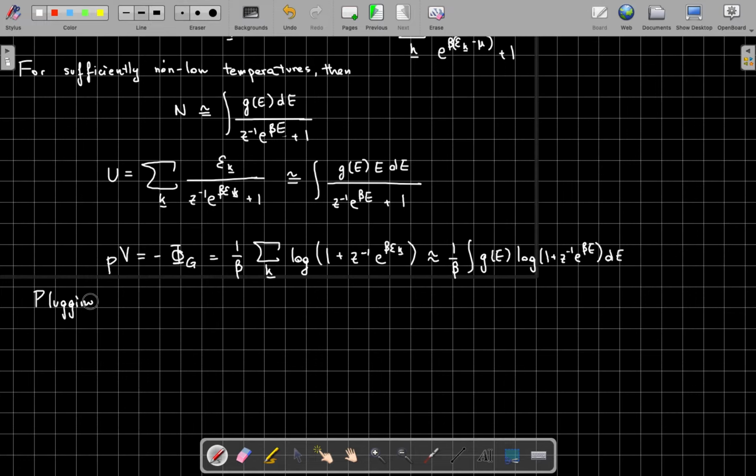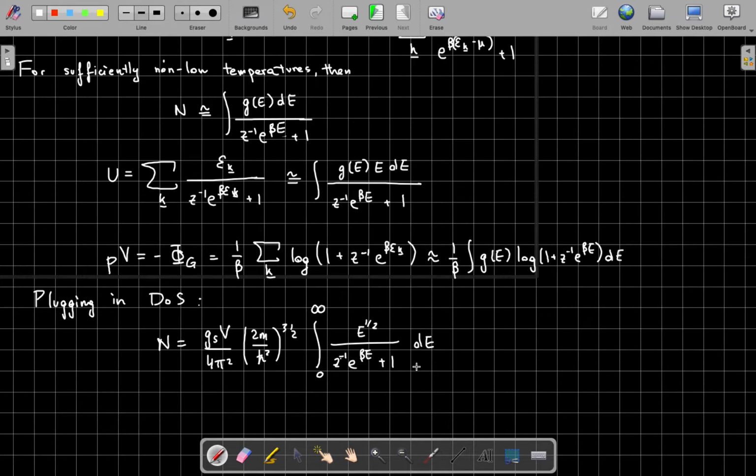So plugging in the density of states with the degeneracy factor, which we must take into account, N is equal to approximately, but really who cares, equal to g_s V over 4 pi squared, 2m over h bar squared to the 3/2, integral of E to the 1/2 over z to the minus 1 e to the beta E plus 1 dE, and the energy goes from 0 to infinity because it's a free particle.